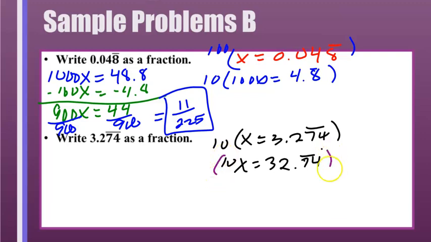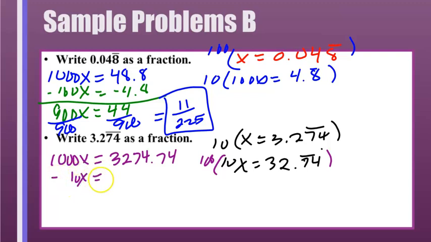Now I'm going to have to multiply this by 100 to get rid of the decimal. So that would be 1,000x equaling 3,274.74 and subtract the original, which is 10x equaling 32.74.